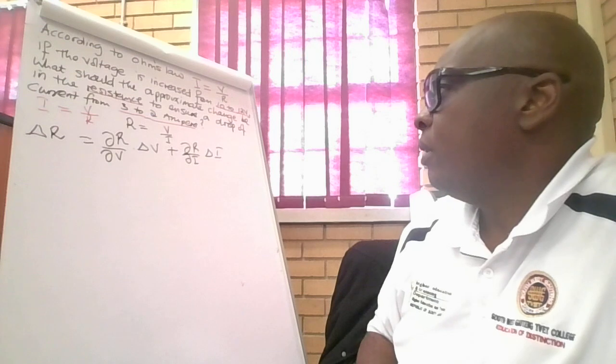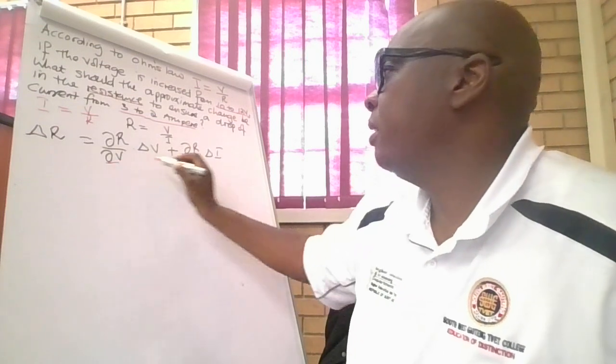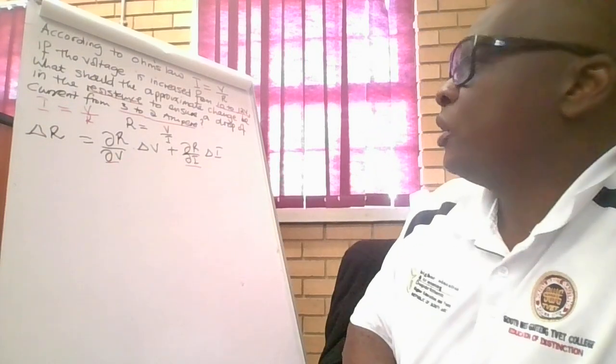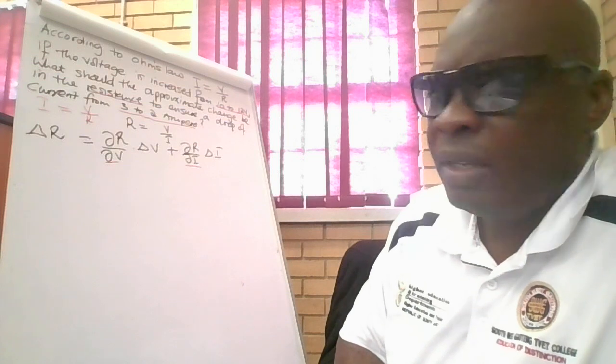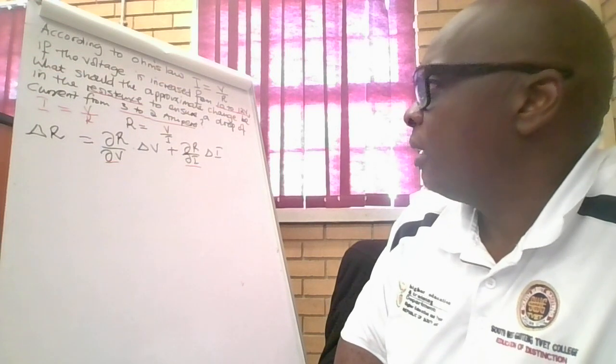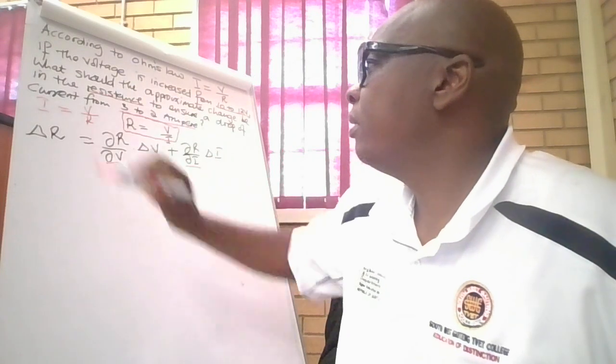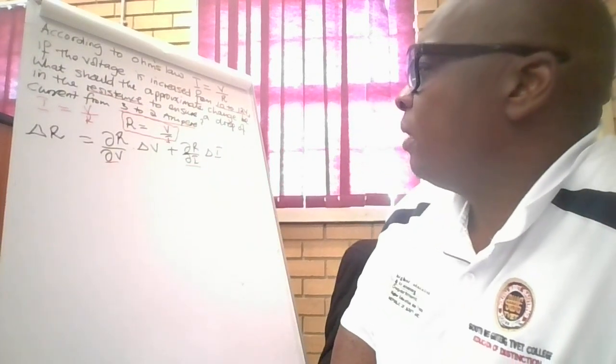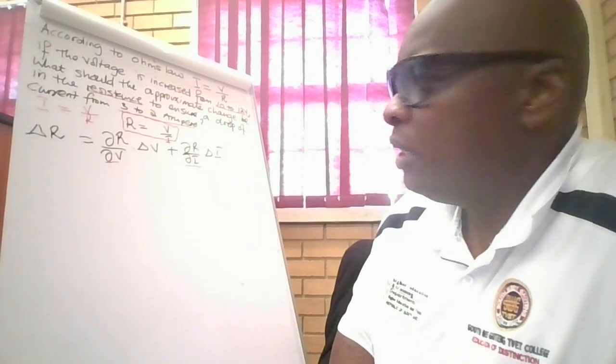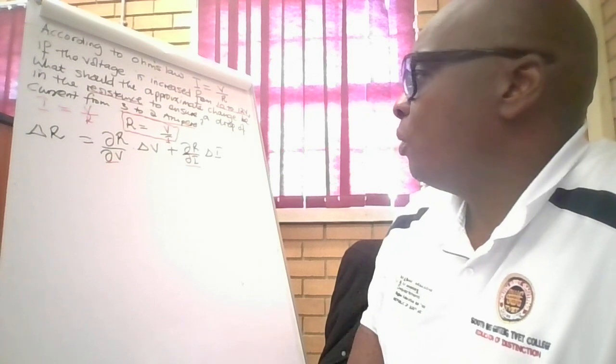So now the question is, how do we find these derivatives? Partial R, partial V, and partial R, partial I. So from the formula, R is equal to V over I, we can differentiate with respect to voltage.